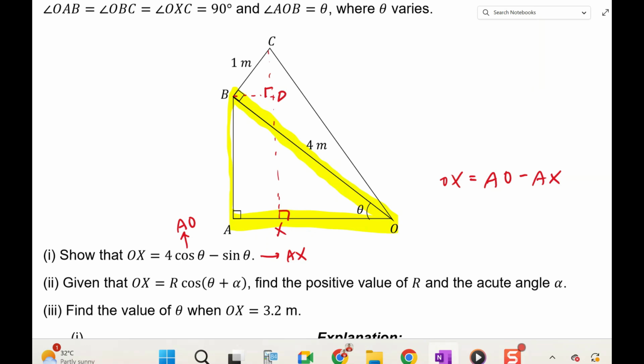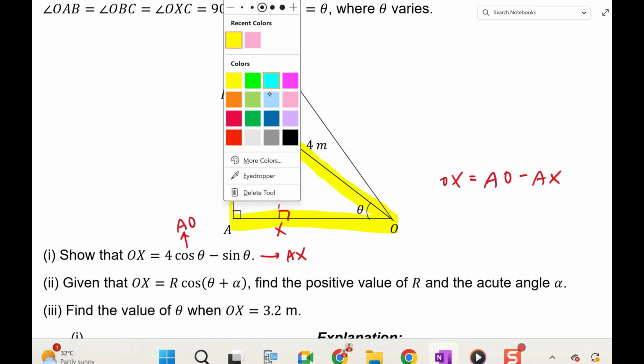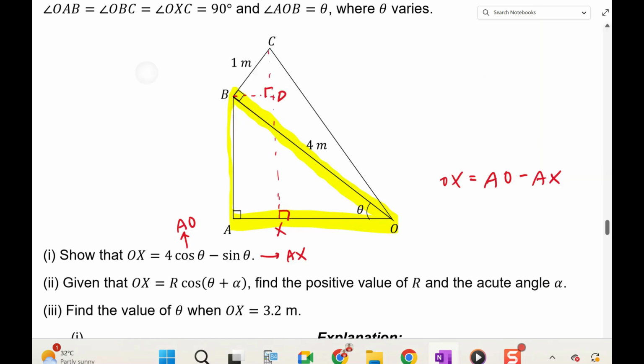We can see that AX is also equal to BD. And BDC is a right angled triangle with a given length of 1 meter at BC. Now the next step is to identify where the theta is in this triangle BCD.